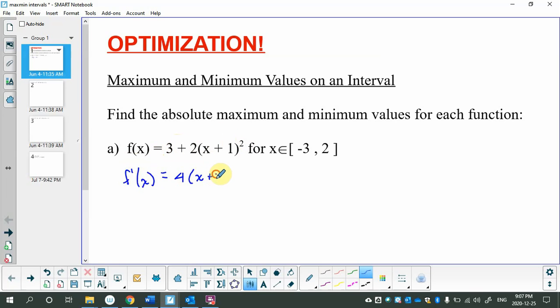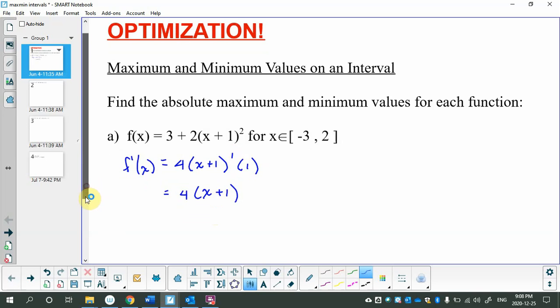Keep writing. Make it a 1. Go inside this bracket and take the derivative of that, which is 1, and then clean it up. So we end up with 4 times 1, which is 4, multiplied by x plus 1 to the exponent 1, so I'm not going to write that down. So that's step 1, even though that took 2 lines.